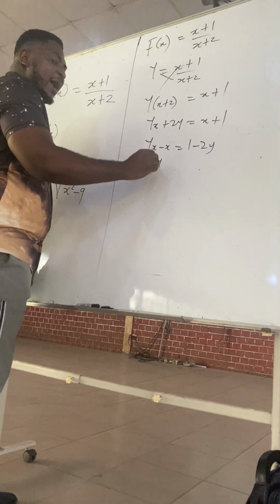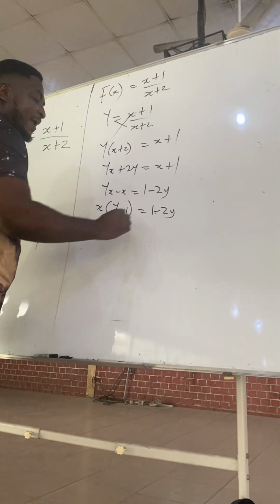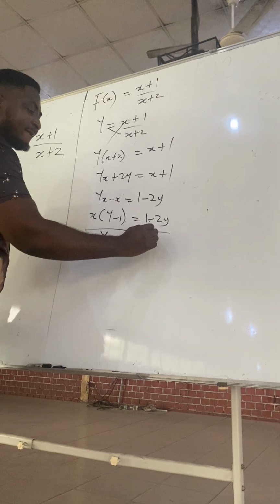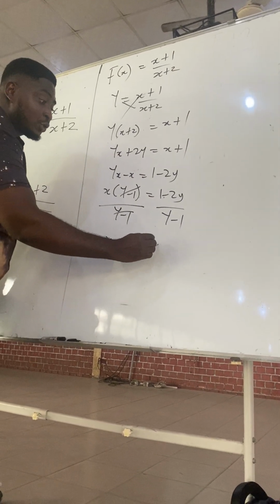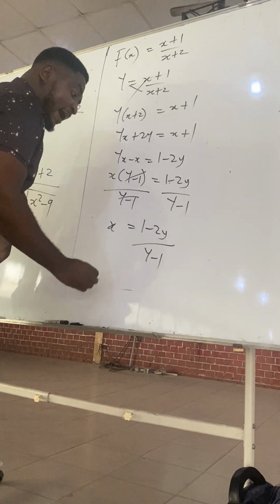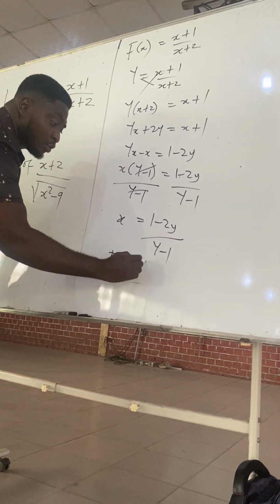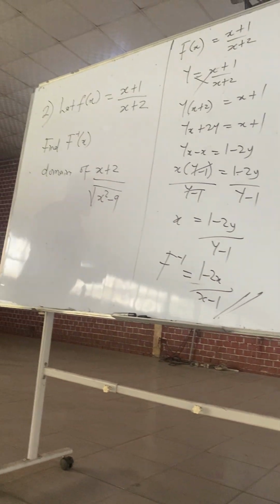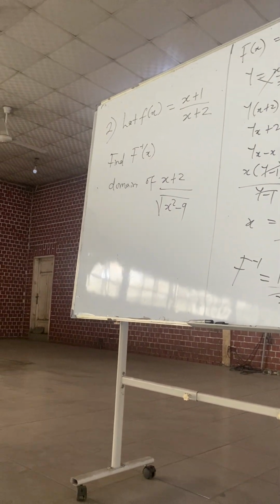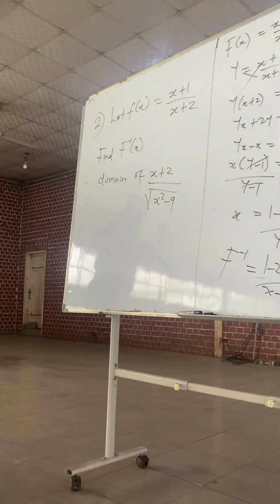Factorize x here, we have x times y minus 1 equals 1 minus 2y. Divide both sides by y minus 1. x now equals 1 minus 2y all over y minus 1. And therefore, the inverse of the function equals 1 minus 2x all over x minus 1. Final answer. If I was in the exam, if I was not teaching anybody, I'm done.